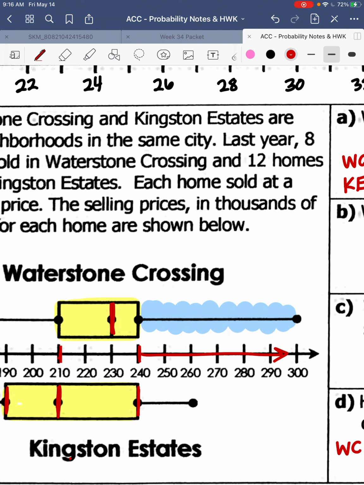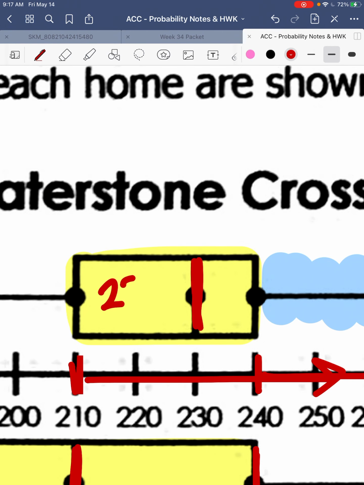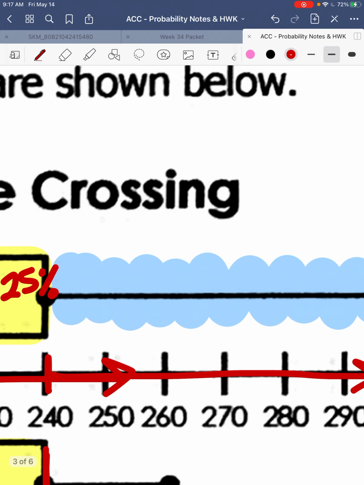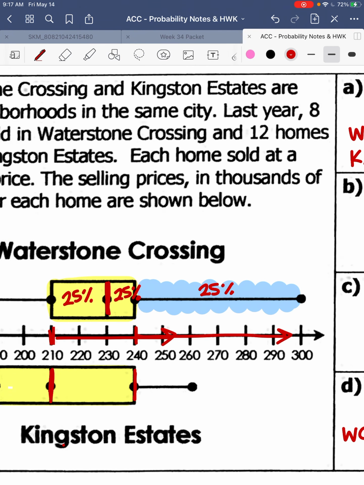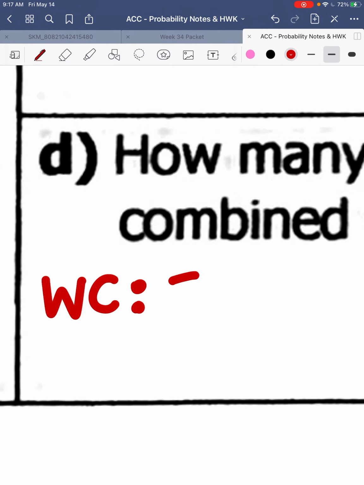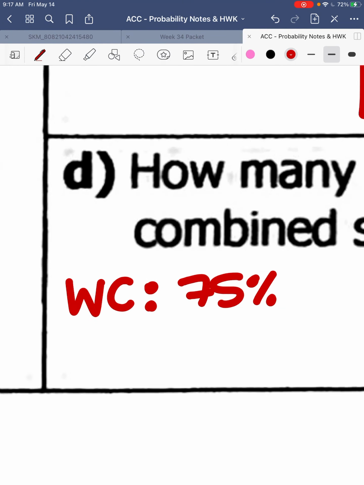So I'm looking from here and up, right? Well, when I look at Waterstone Crossing, that's 25% here, 25% here, and another 25% here. So 75%, right? So 75%.